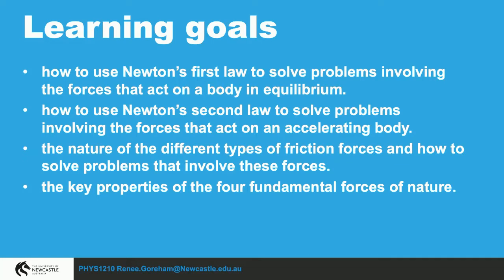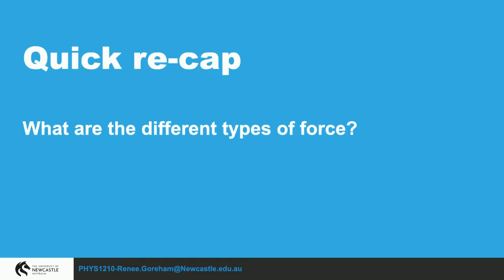So that's what we're going to cover: Newton's first law to solve problems, Newton's second law to solve problems, and then a look at how friction can play a role. I did have a demo to show friction, but I couldn't get it to work in time.